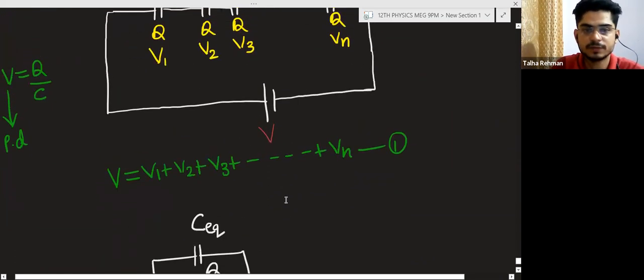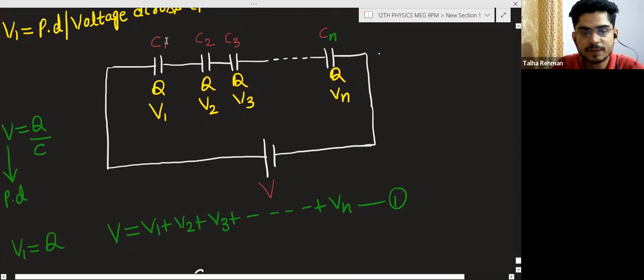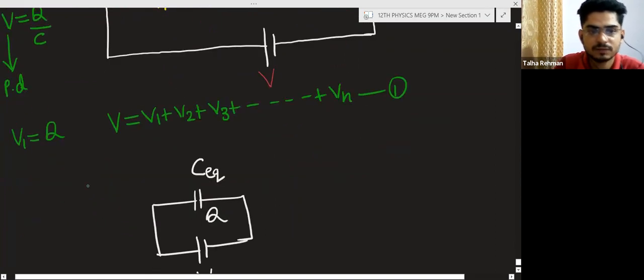Now see here, Hamza. If I want to calculate V1, it is equal to Q, the charge across C1, divided by C1.